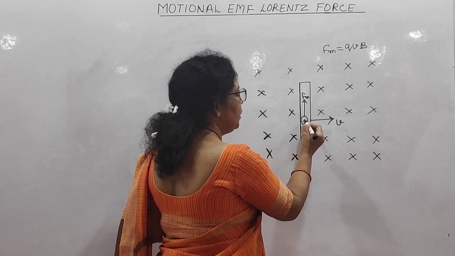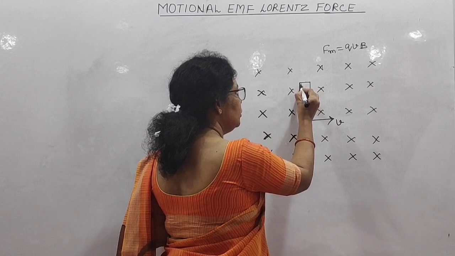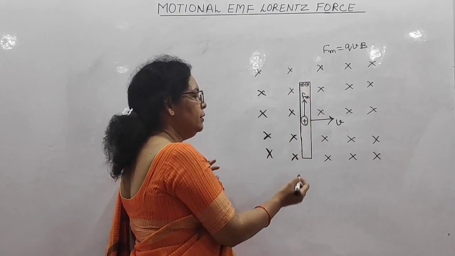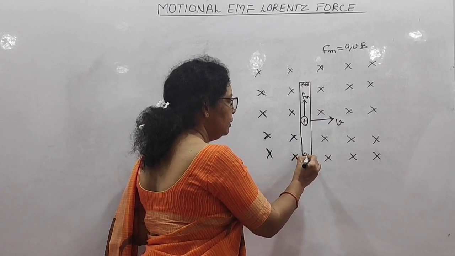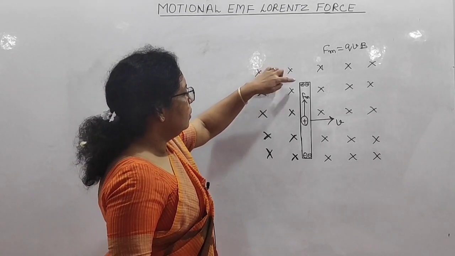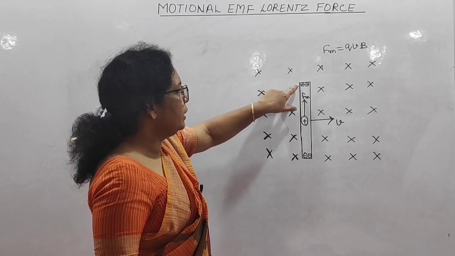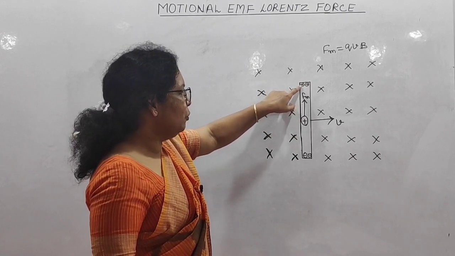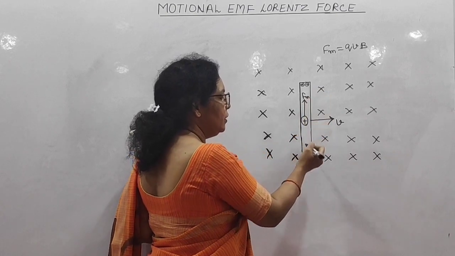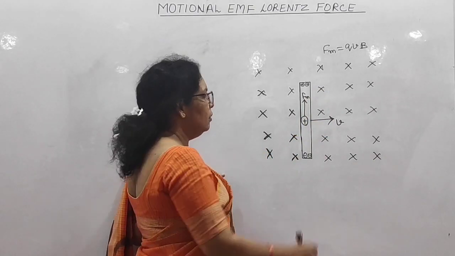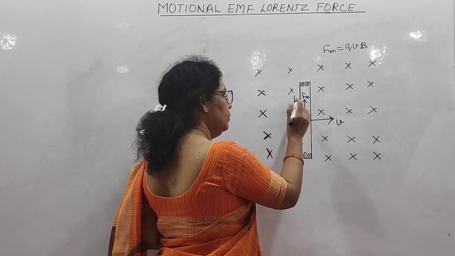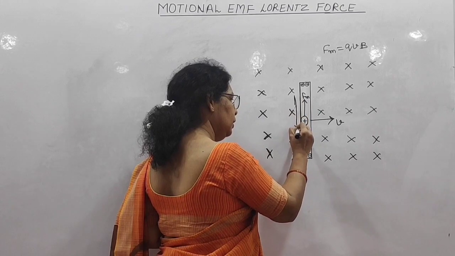When the positive charge experiences a force in this direction, it will start to accumulate here, and when positive charge accumulates on this side, negative charge will accumulate on the other side. When a large quantity of charge accumulates at this positive end, and this end is negative, an electric field is produced inside the rod, from positive to negative, in this direction.